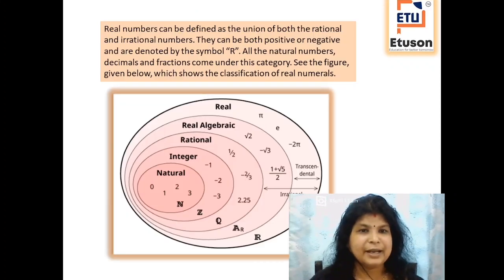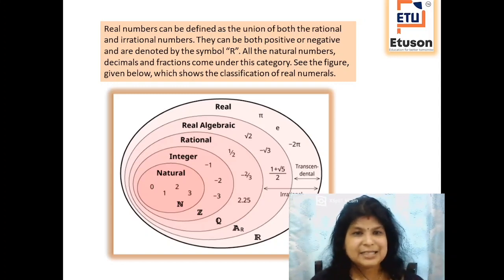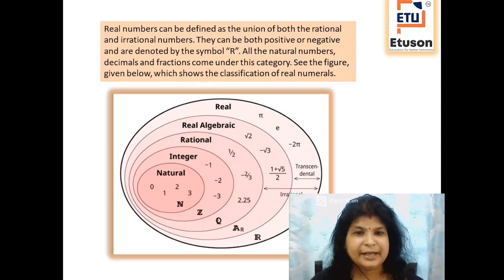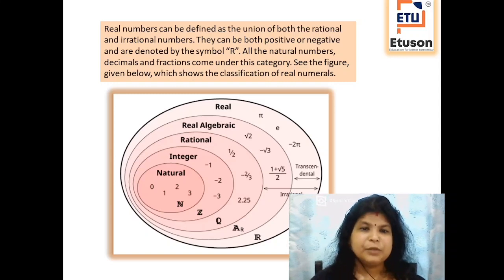So can we define real numbers now? As you can see from the Venn diagram, real numbers are represented by capital R. I have not written this in the slide, but it is quite clear in the Venn diagram that rational numbers are represented by Q and real numbers by R. You can go through this Venn diagram and find the notation for natural numbers, integers, rational numbers, and in between there are real algebraic numbers, real transcendental numbers, and also irrational numbers.